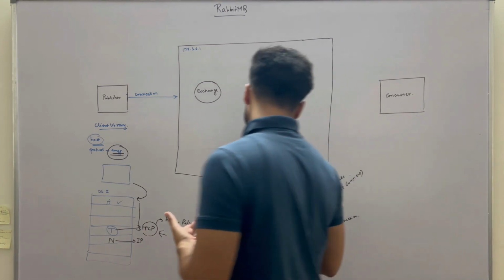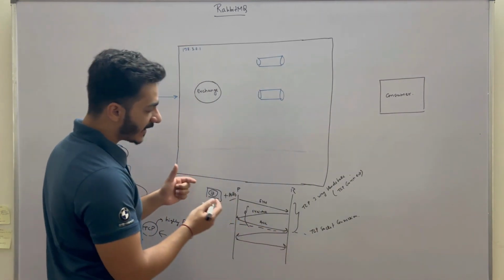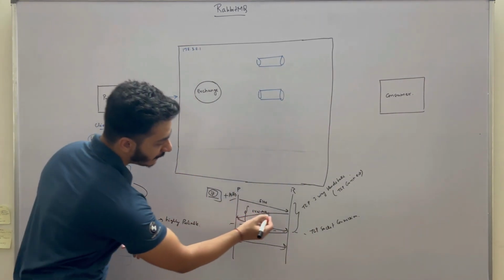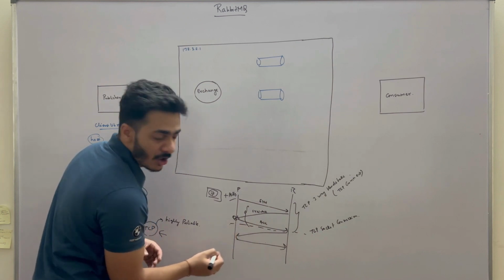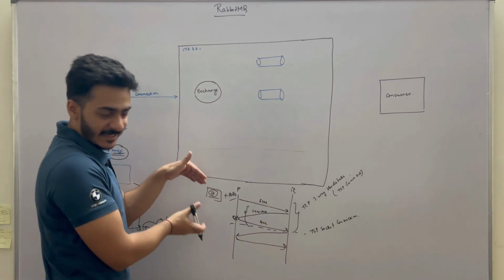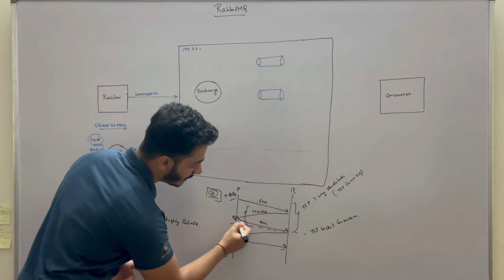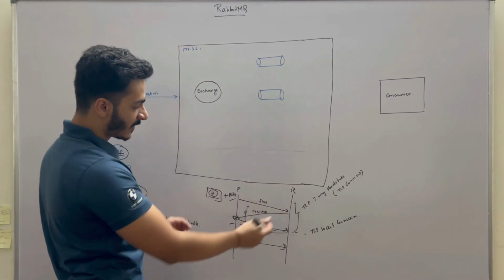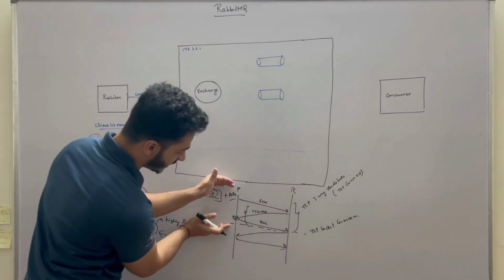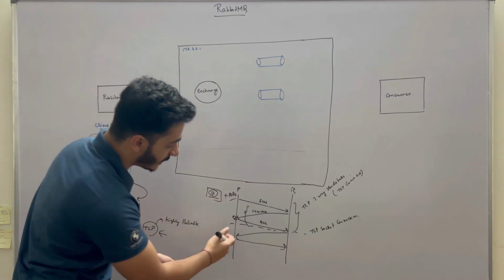So whenever we send a packet using the TCP protocol, it first has to receive an acknowledgement. Only then can the server that is sending a packet send another packet. Only after this TCP connection is established can you send another packet.